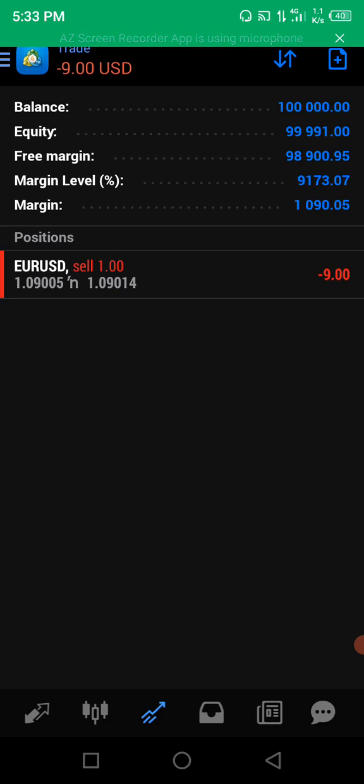The trade is currently not in our favor. This was just a demonstration, where we actually did a technical analysis on the trade to pick a direction.